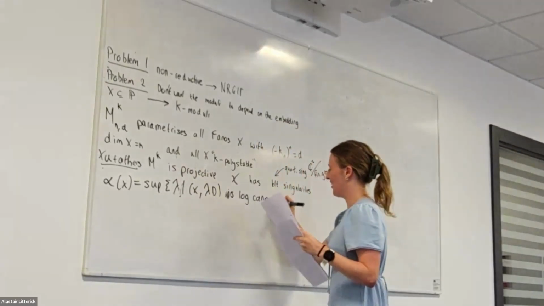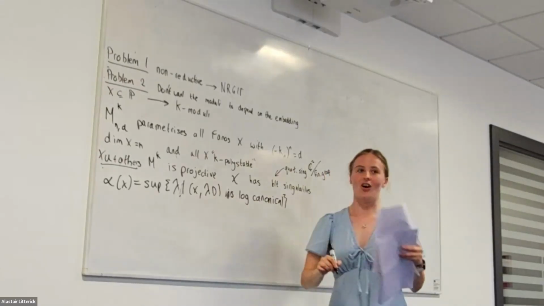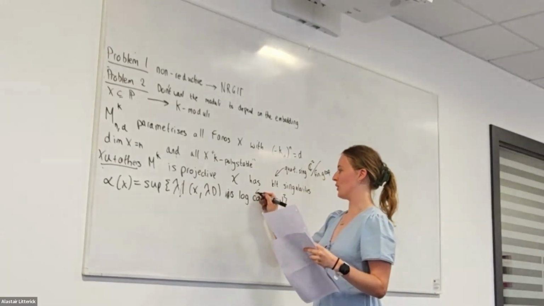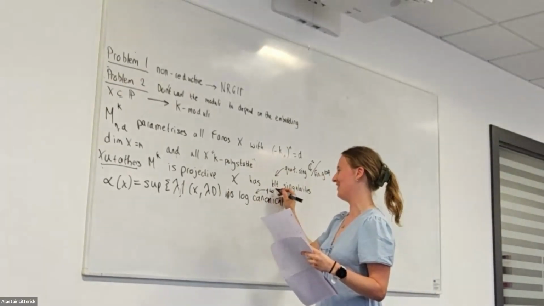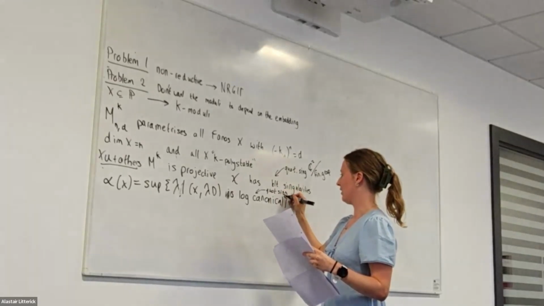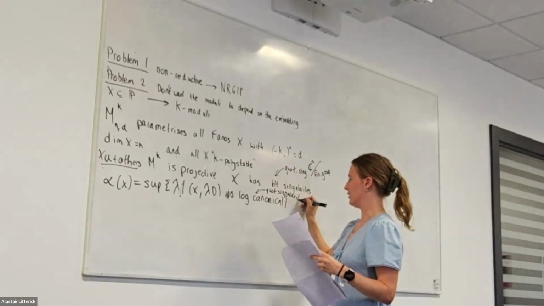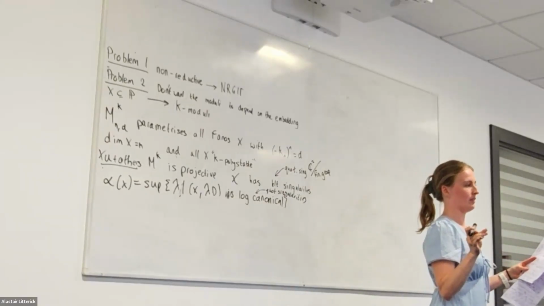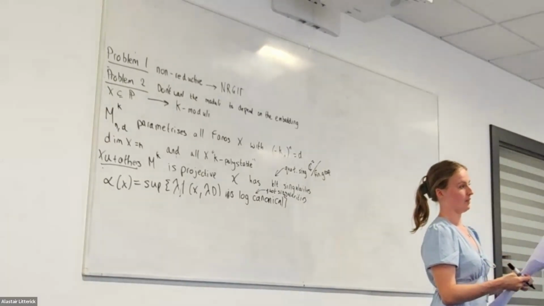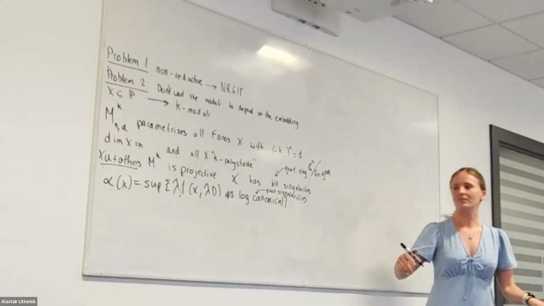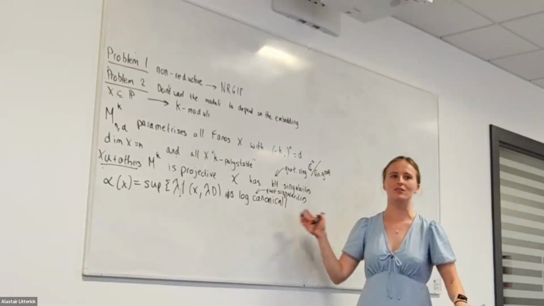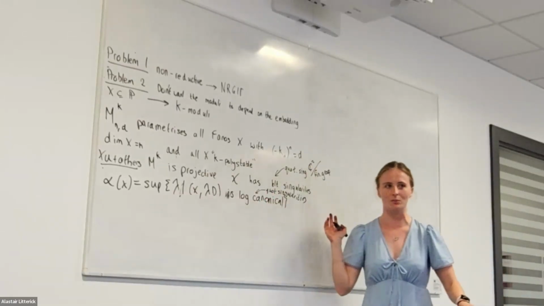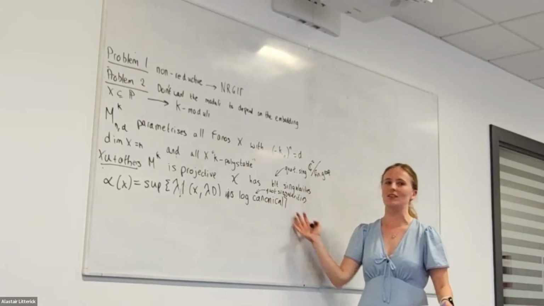Again, in our case, that is also just equivalent to quotient singularities. Well, not exactly. When you take the supremum, it's equivalent, but if you don't take the supremum, it's not.